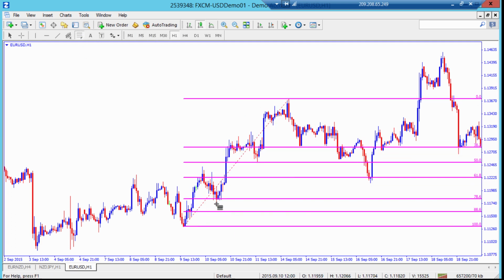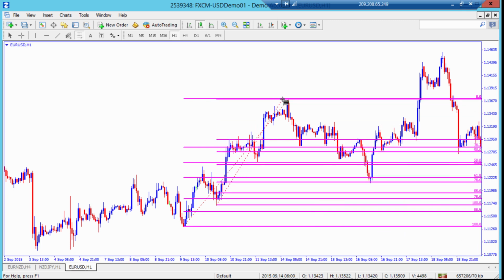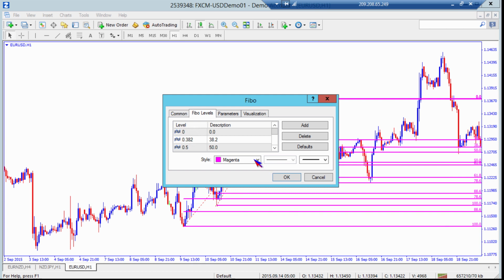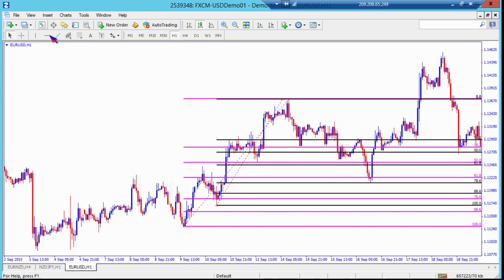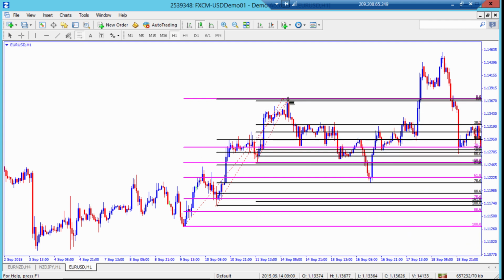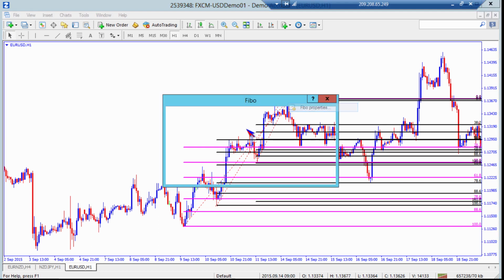Then we'll take the higher low to higher high. And we're going to change the color of this, okay? And then we're going to take the higher low to high, and we're going to change the color on that also.